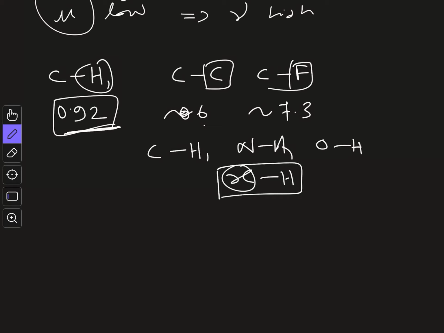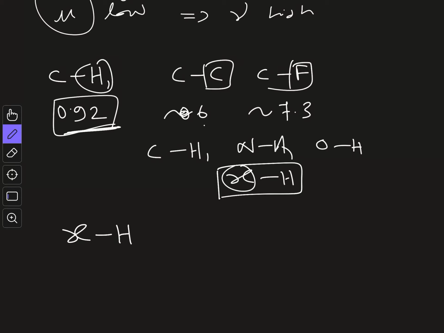So based on that we can classify our functional groups or our bonds in different categories or in different regions. So in the IR spectroscopy we have 4 major regions. What are those regions? So the first region is this XH bond, which is from around.